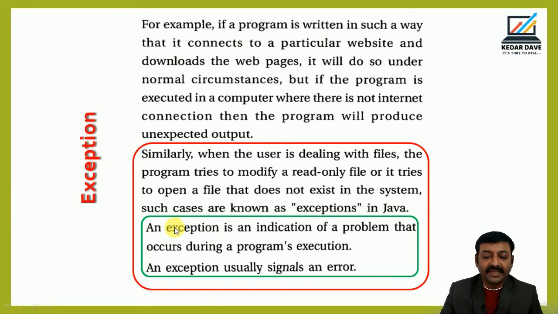So the definition of an exception: it is an indication of a problem that occurs during program execution. In short, it indicates that there is some problem in that particular Java program. So an exception usually signals an error.